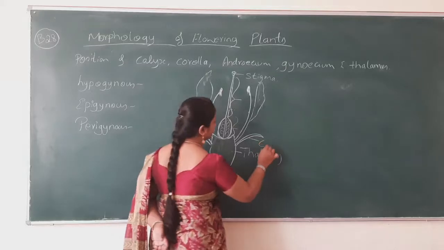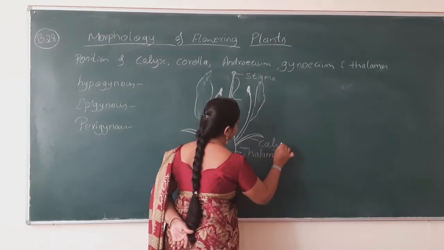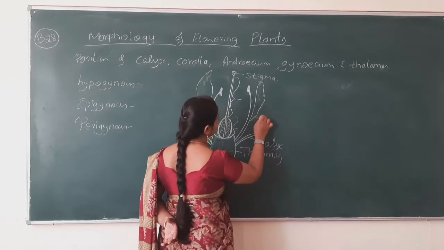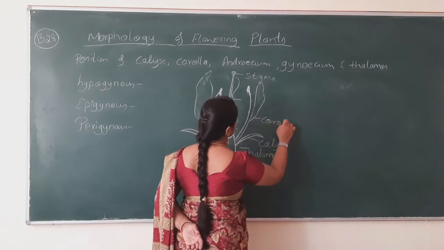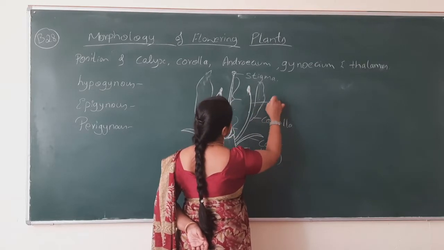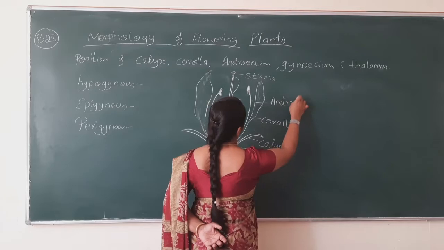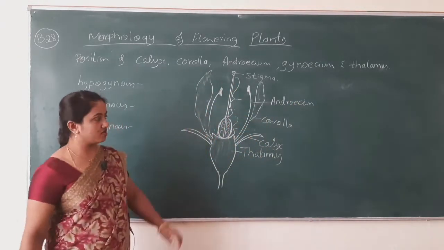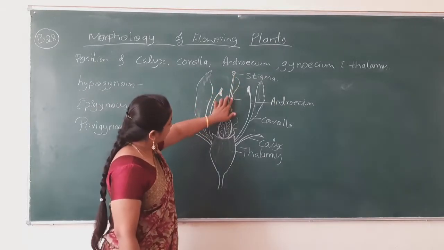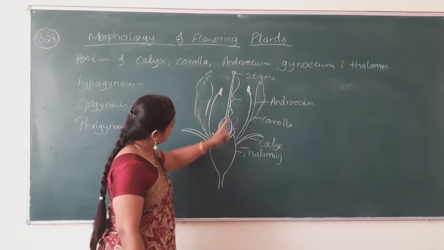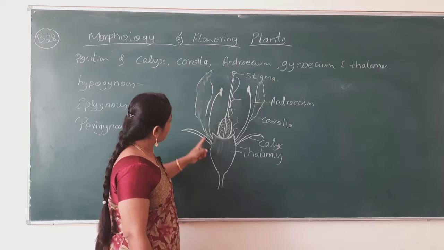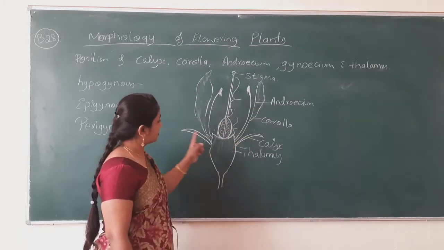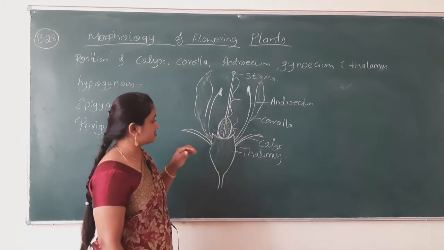So this is the calyx, corolla, Androecium. Now we got all the organs on the board. Gynoecium, Androecium, corolla and calyx. This is the thalamus.